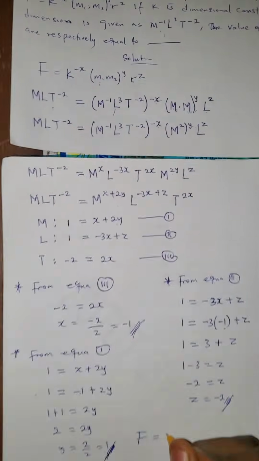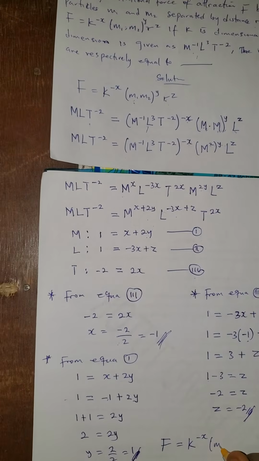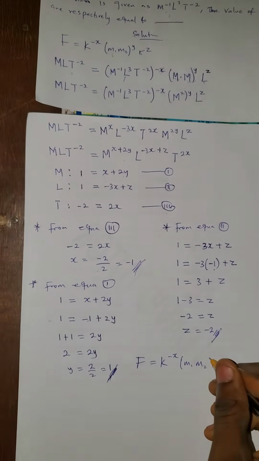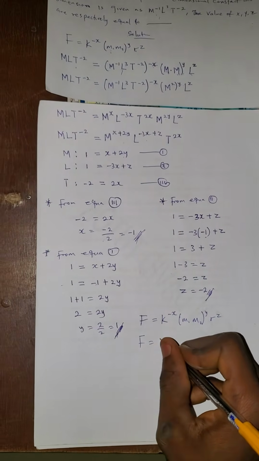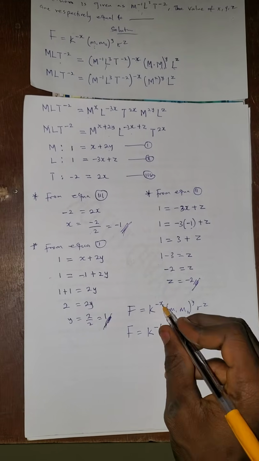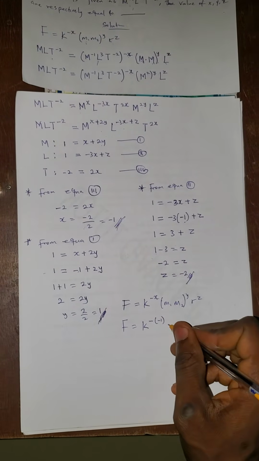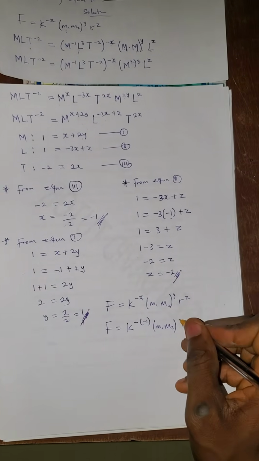F equals, from the original equation, k raised to power minus x, then m1 m2 all raised power y, then r raised power z. So F will now be, what's your k? K into bracket, minus into bracket, your x is -1. Then we now have m1 m2, all raised power, what's our y?